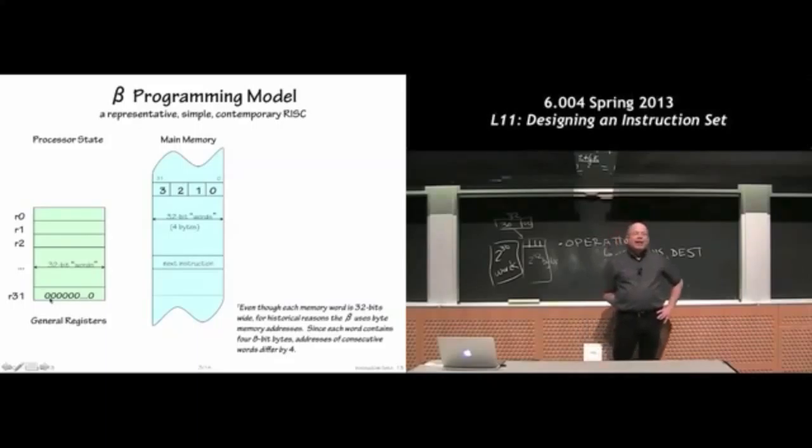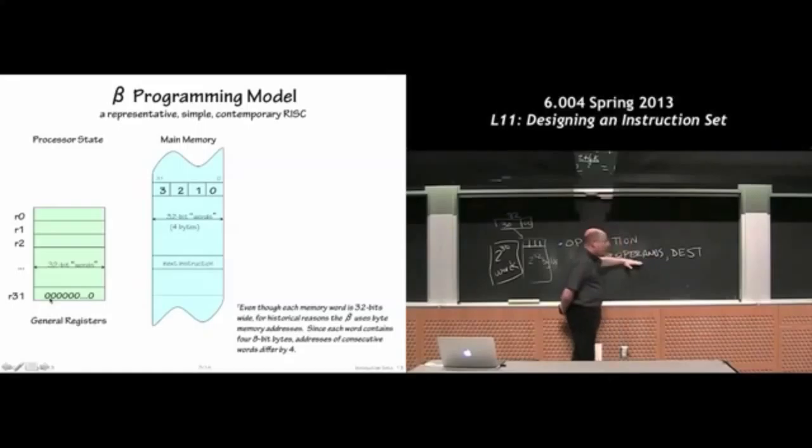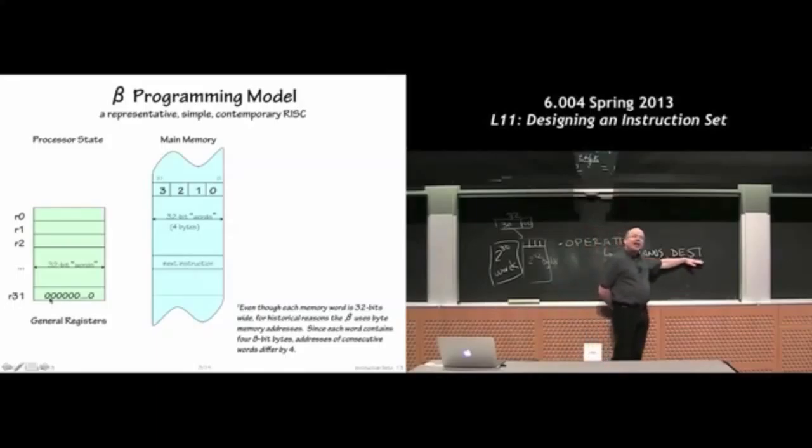So that means that if you specify register 31 as one of the possible operands, what gets supplied to the ALU is a 0 value. If you specify it as a destination, that's like throwing the value away because you can't change the contents of R31.